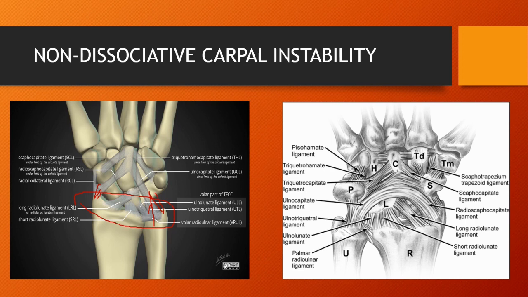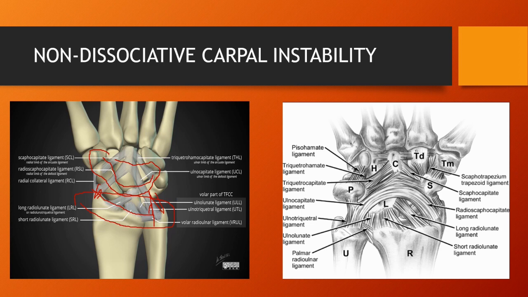And then we're also dealing with intercarpal injuries, with injuries between the proximal and distal row of carpal bones here. So the injury would be along these lines and along these lines for these non-dissociative carpal instabilities.